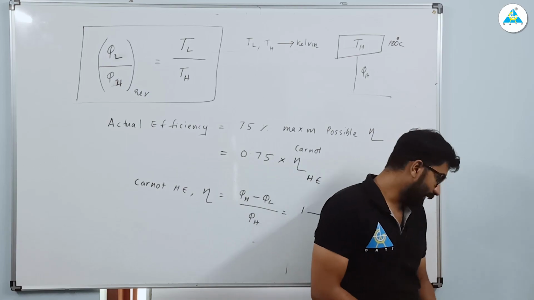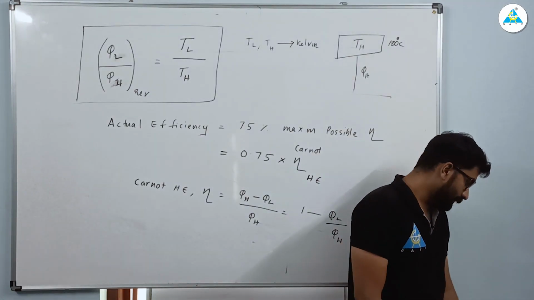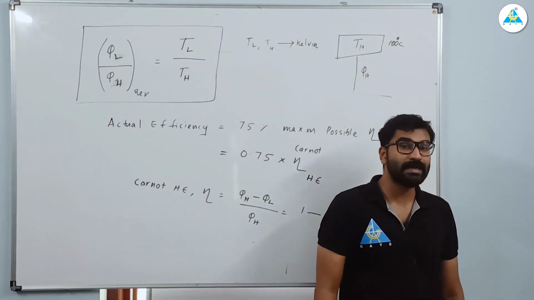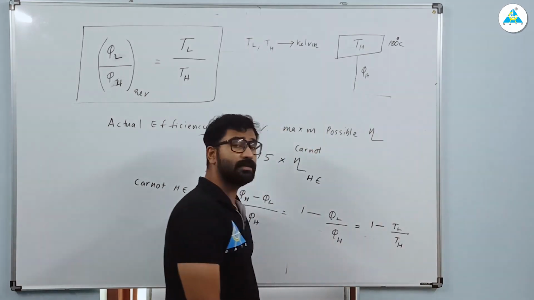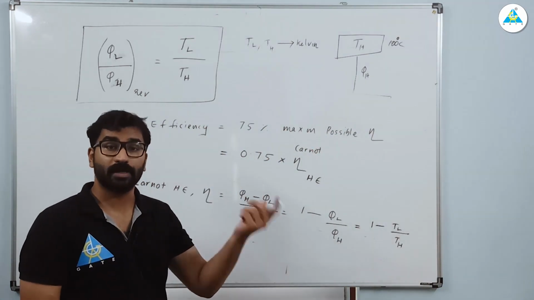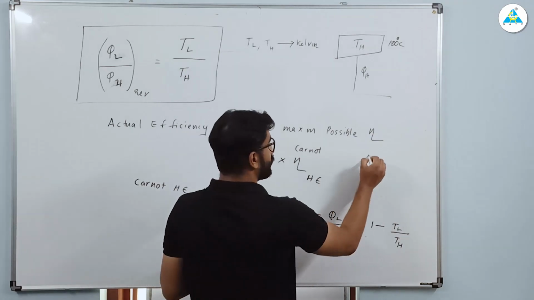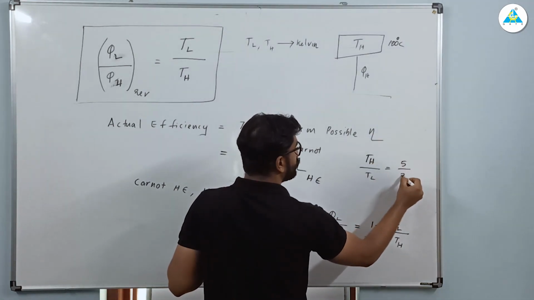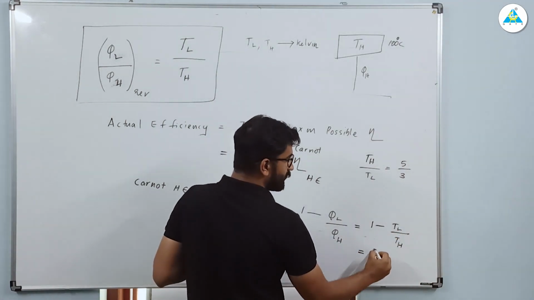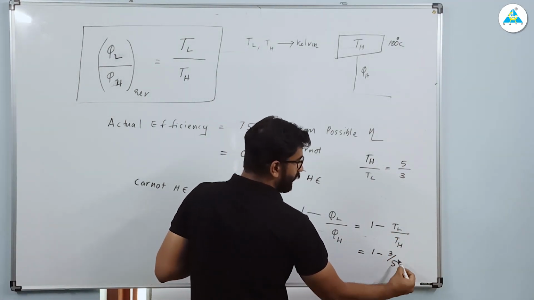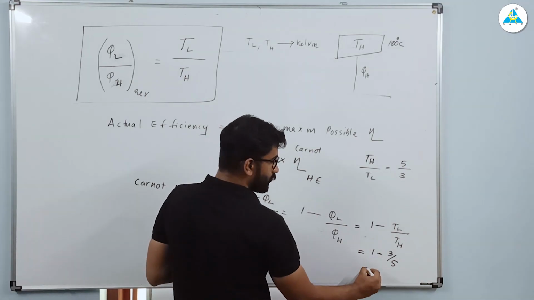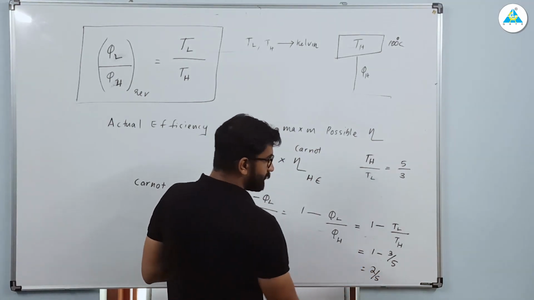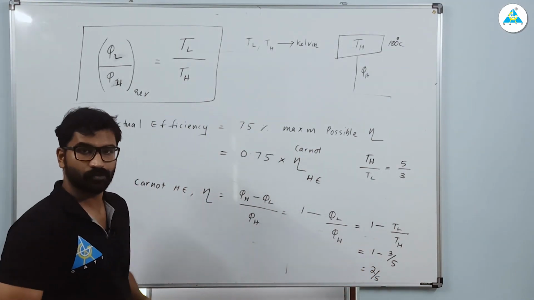So what is given here? You can see the question. The ratio of heat source to heat sink is 5/3. Heat source is the highest temperature and heat sink is the lowest temperature. So TH by TL is given as 5/3. So what will be TL by TH? It will be 3/5. So 5 minus 3, 2. So your efficiency is 40%.